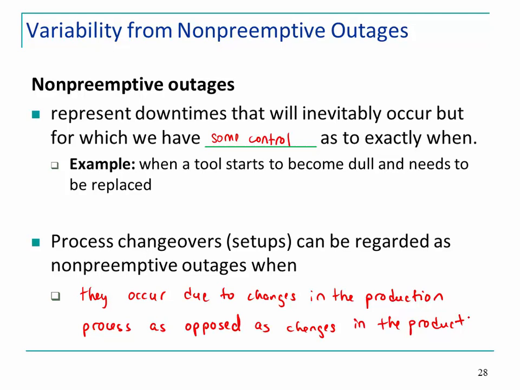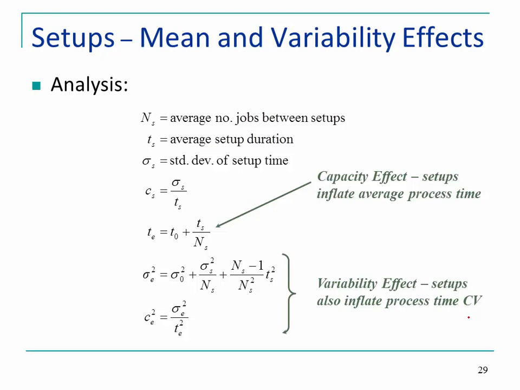Okay, so we can have some type of control on this type of outage as opposed to the preemptive outage. As we did for the preemptive outage, we now have another type of analysis for this.